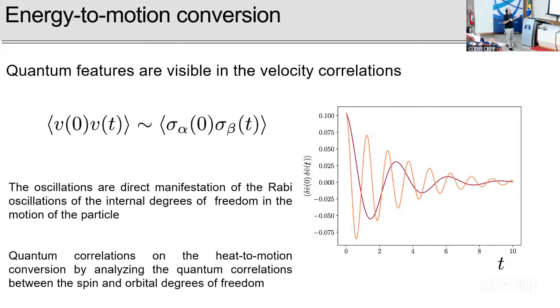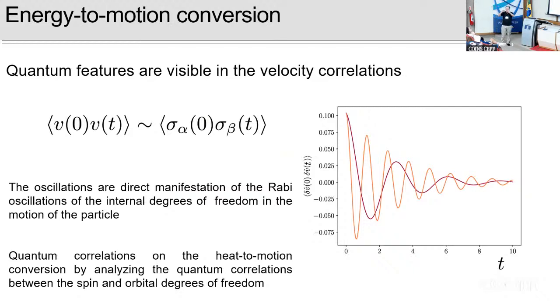So you may ask where quantum effects appear. The simplest way to see this, and again, there is no mystery in that, is to look at velocity correlations. Velocity correlations are related to spin-spin correlations.